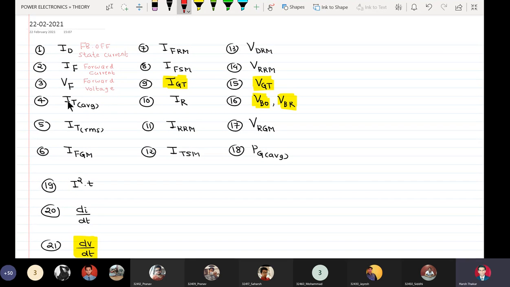So IT AVG, again I means current and T means forward, so it is actually average on state current. AVG stands for average, so this is the average on state current rating. IT RMS, as before, is RMS on state current.